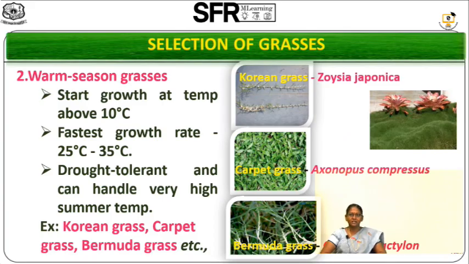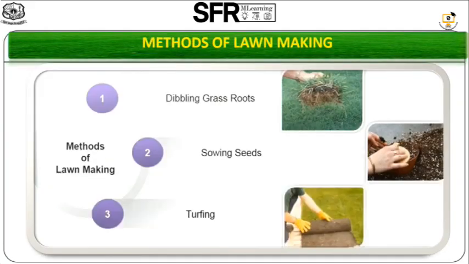Examples are Korean grass, carpet grass, Bermuda grass, etc. Zoysia species are called Korean grasses, Axonopus is called carpet grass, and third, Bermuda grass, which in Tamil we call Arukampul, is also used for making a grass lawn.